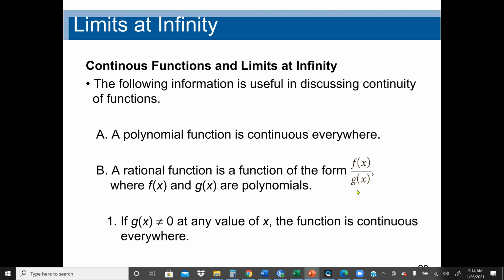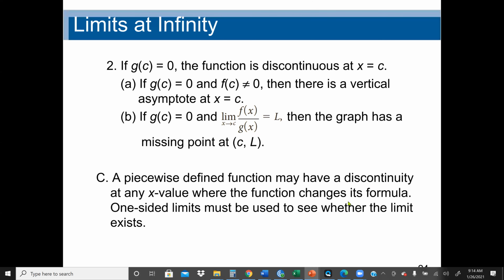But if g equals 0, then the limit does not exist. If g at c equals 0, then the function is discontinuous. If g at c equals 0 and f at c is not equal to 0, then we have a vertical asymptote at x equal to c, but we don't have a horizontal one, if x approaches infinity.